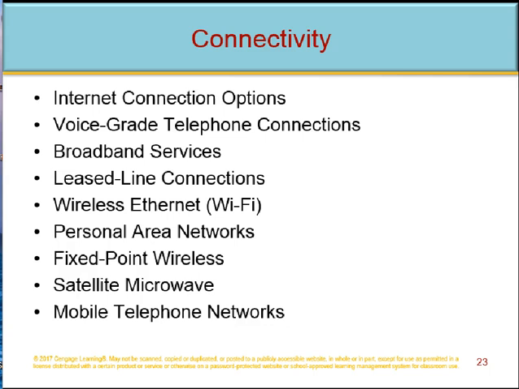Mobile telephone networks. The number of mobile telephones exceeded the world population for the first time in 2014. There were almost 8 billion mobile phones in use. One of the technologies used on mobile telephones is text messaging, or SMS, short message service.